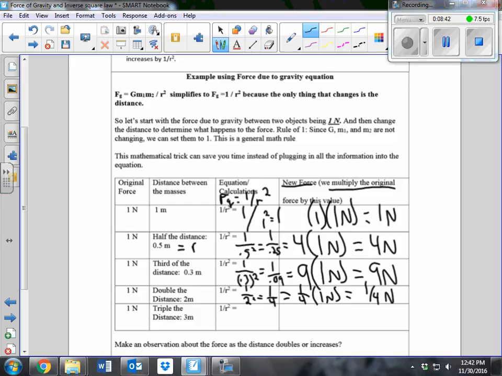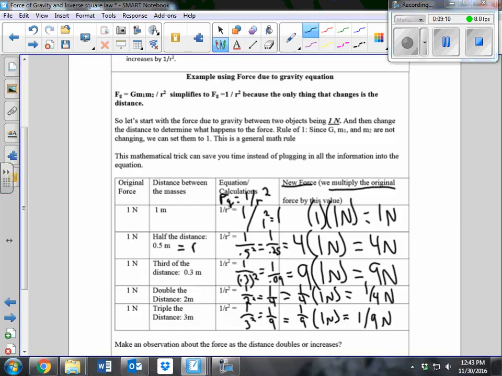And the same thing with tripling the distance, right? 1 over 3 squared equals 1/9, which means that my force drops by a factor of 9. The reason why I'm showing you this law is that in some problems, they'll say, hey, the force between two objects is 4 newtons, and the distance between them halves.